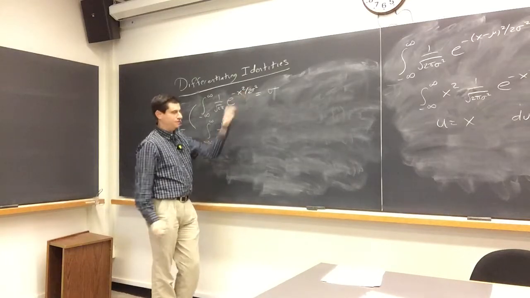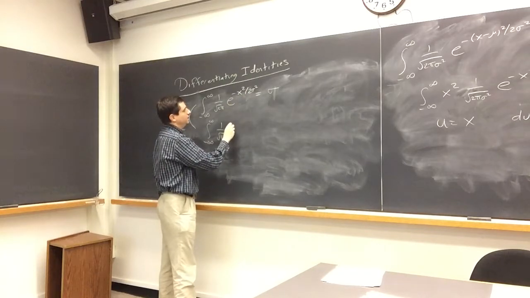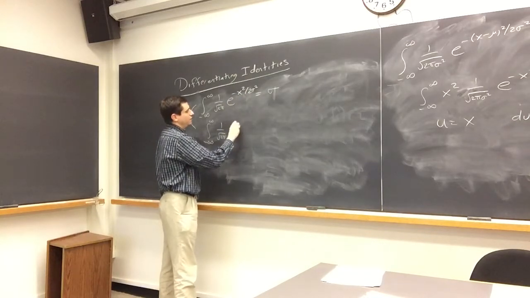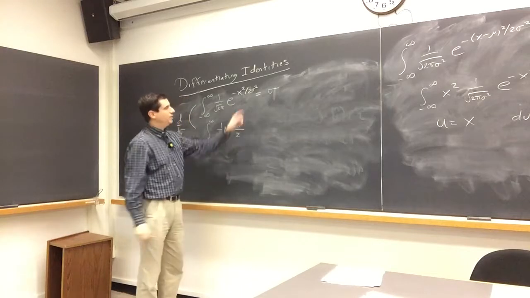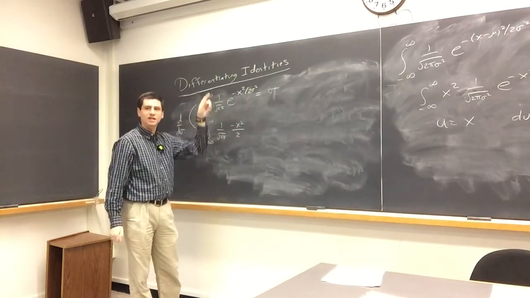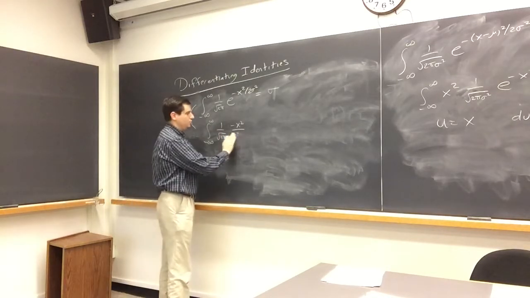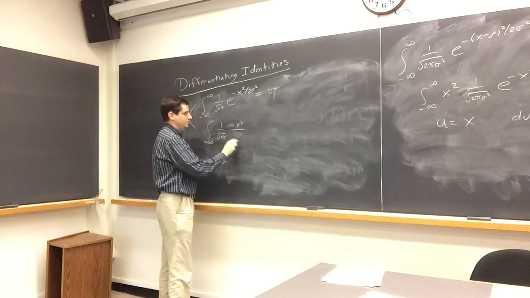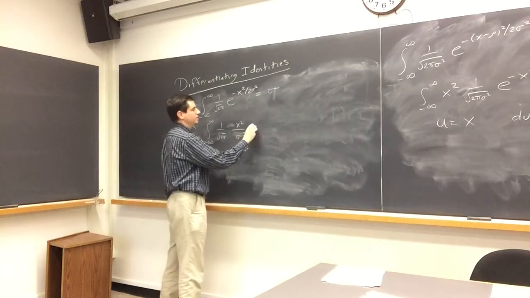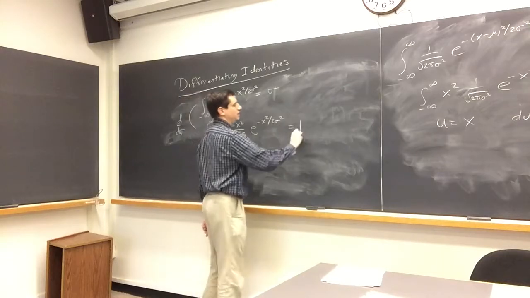Now we take the derivative with respect to sigma, so we'll get a negative x squared over 2, and now we have to take the derivative of sigma to the negative 2, which will be negative 2 sigma to the negative 3. So the 2 actually cancels, the negative cancels. We have a sigma cubed down here, e to the negative x squared over 2 sigma squared, equals 1.